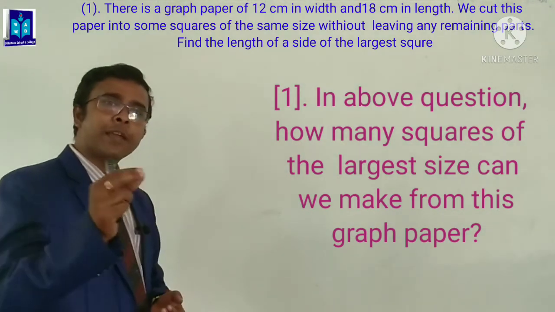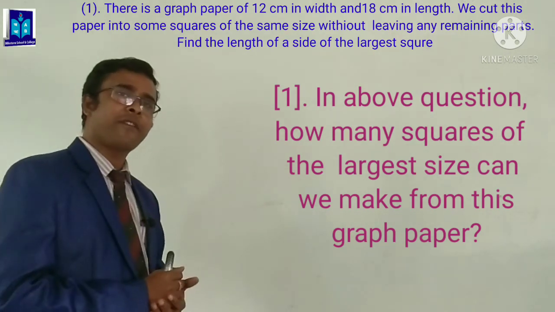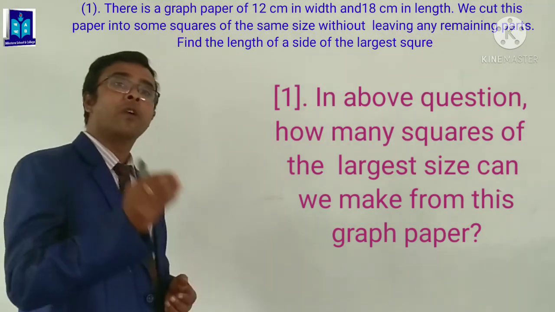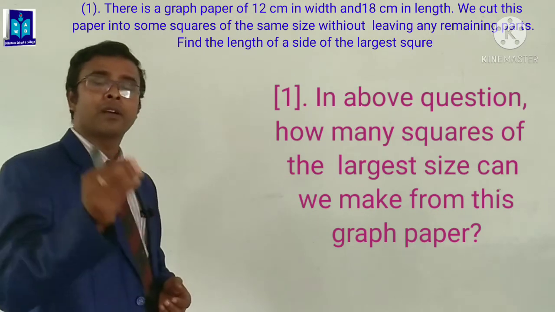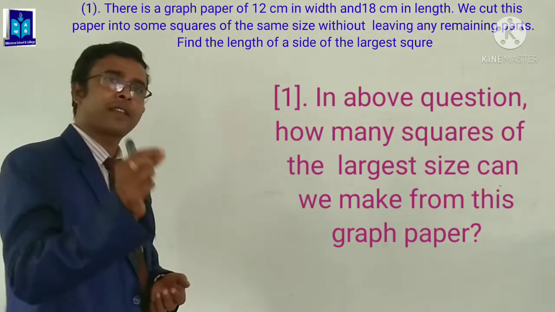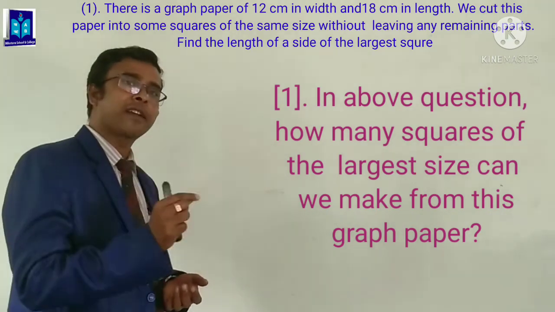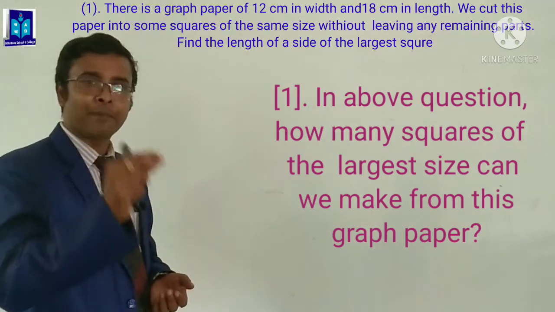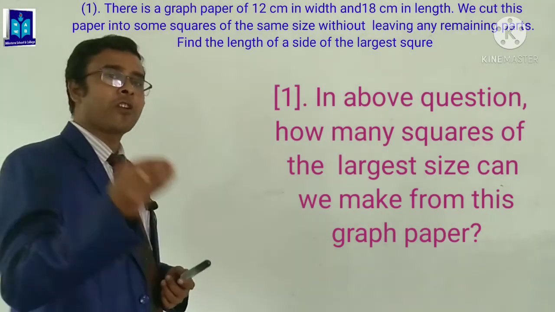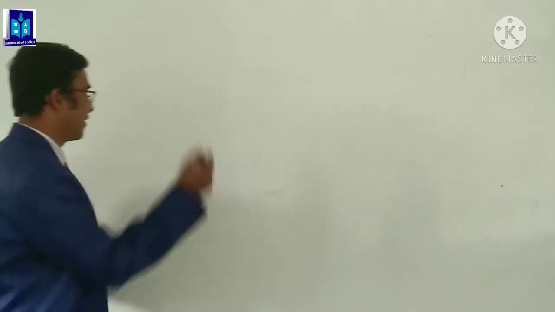Dear students, if we want to find the number of squares, at first we have to find the area of the graph paper. After that we will find the area of the square. After finding these areas, if we divide the area of the graph paper by the area of the square, we can easily find the number of squares. Students, again I request all of you, please write properly, your handwriting should be clear.